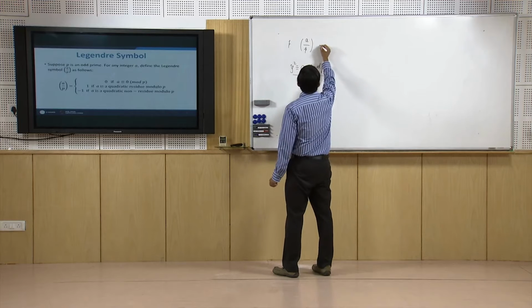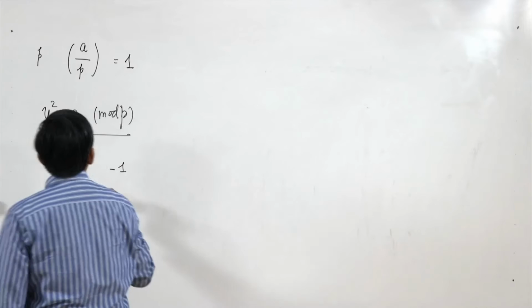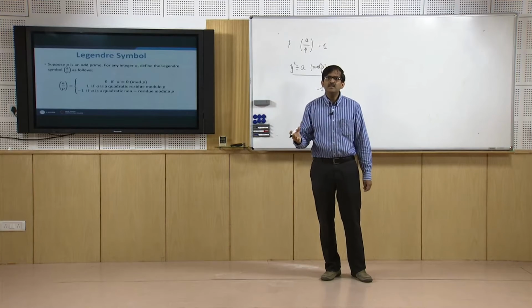If it is quadratic residue, it is 1, and otherwise it is minus 1 if it is quadratic non residue, and if A is 0 mod p, then it is 0.